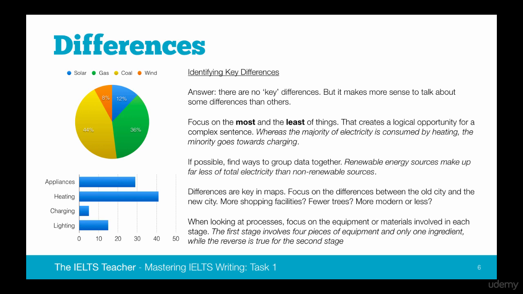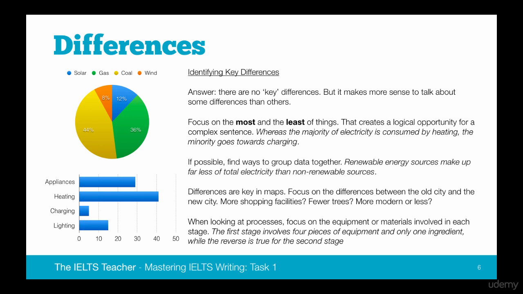Differences are also very important to pick out in maps. You can focus on the differences between the old city and the new city. Are there more shopping facilities? Are there fewer trees? Is the new map more modern or less modern? This is also true for processes. We can look at differences in the amount of equipment or the materials involved in each stage. Here's an example.